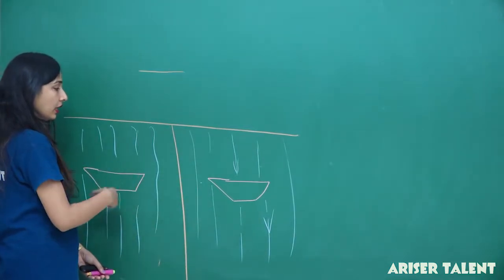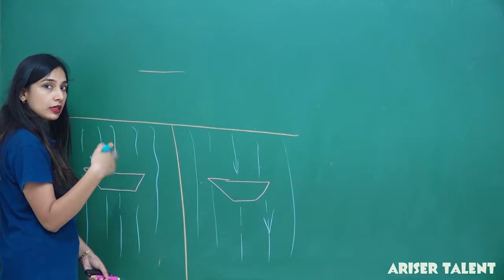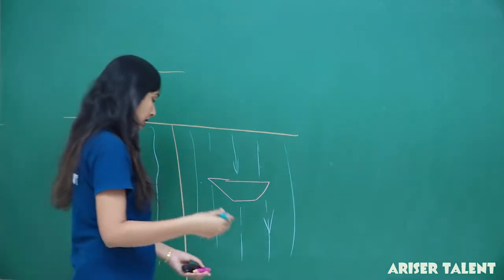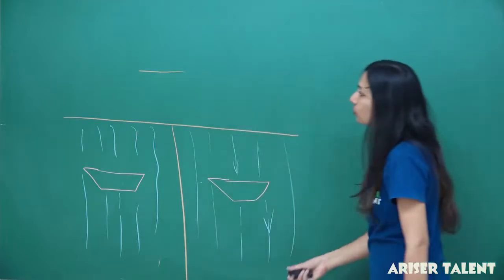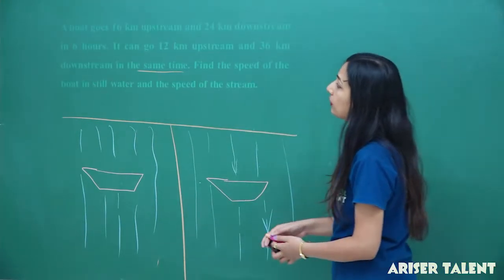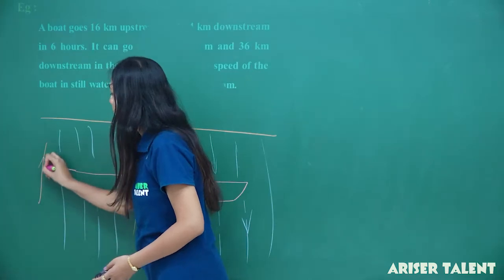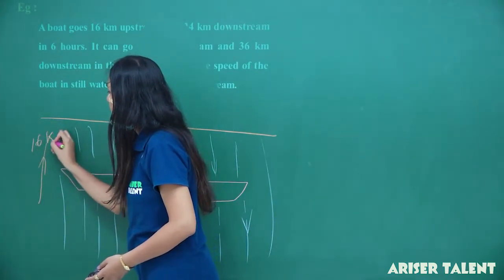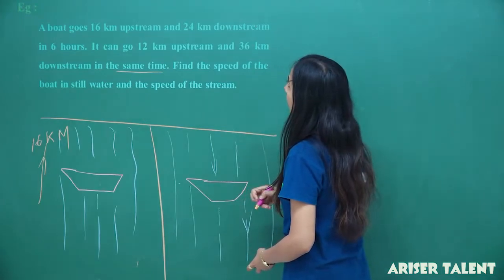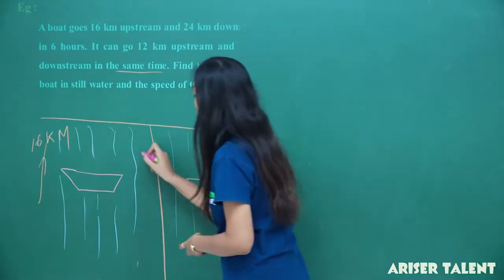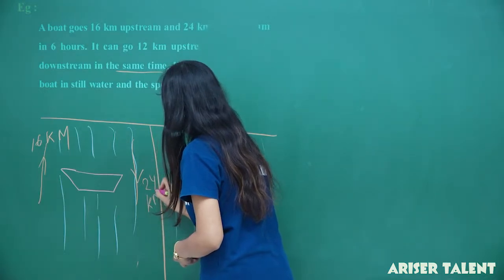Now, we will be dealing with these two conditions. We are given two conditions, upstream and downstream, and we will mark them here. The boat goes 16 kilometers upstream, so 16 kilometers here, and 24 kilometers downstream, 24 kilometers here.